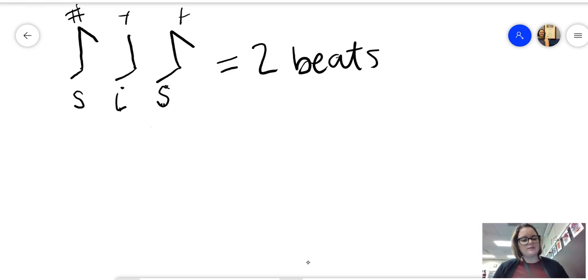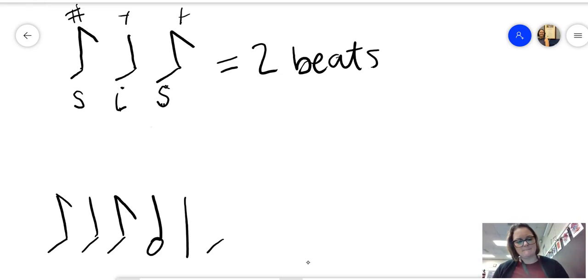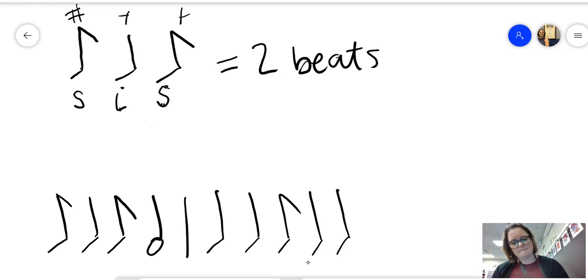So let's do an example. Alright, so here's our rhythms. I wrote that kind of close to the bottom.